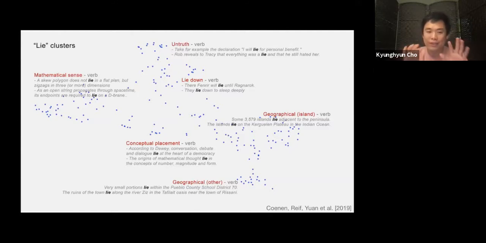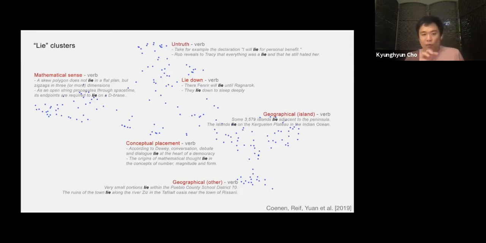And what we do see is that these contextualized word vectors very naturally form clusters based on the meaning or the sense of this word lie. In the top left corner of the slide, you see a cluster of all those sentences in which lie was used in the mathematical sense.